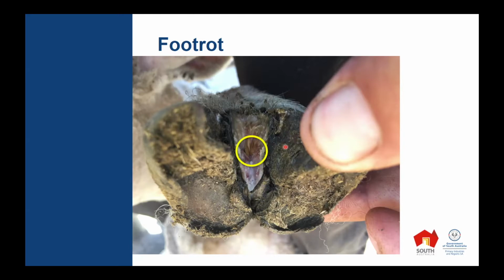And that, as you can see, enables things like grass seeds to get wedged in there because it's soft and moist, and they can easily get trapped in there and basically help keep the infection going. In fact, that's a reasonably low-grade lesion of foot rot there.